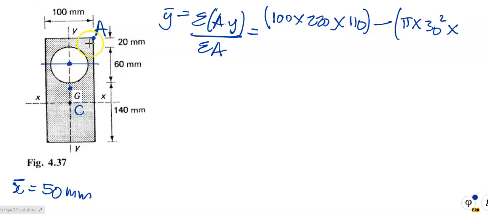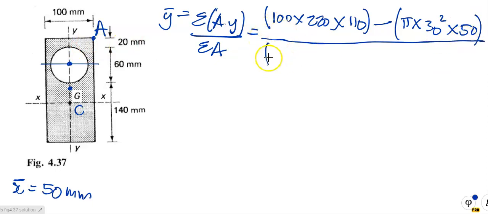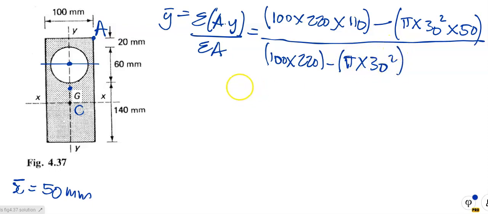So that's 30 plus 20, which is 50. Over the total area. The total area is 100 times 220 minus pi times 30 squared. Do the calculation and check mine.